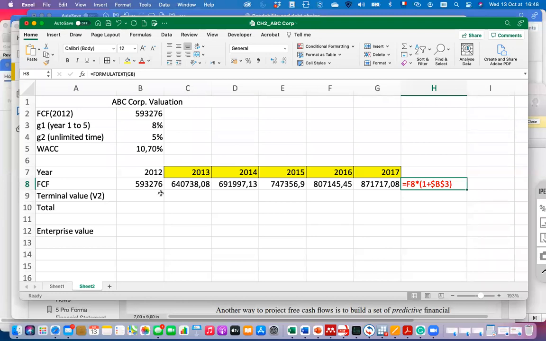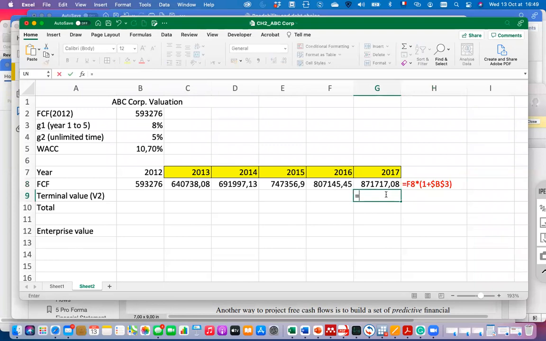Now the terminal value V2 should be computed at the end of year 5, right? We asked on the board a moment ago. So it equals the last year's cash flow times 1 plus the second growth rate, 5%, divided by the WACC minus 5%.